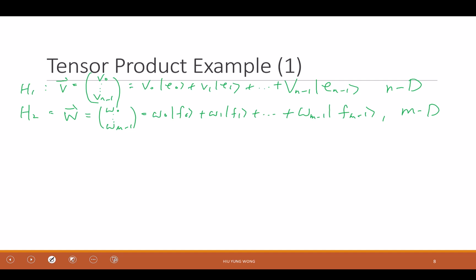Okay, how do we do the tensor product? Think about this. I can say V tensor product W. I just need to write them out.